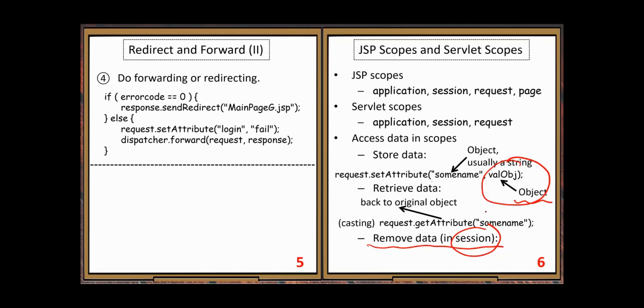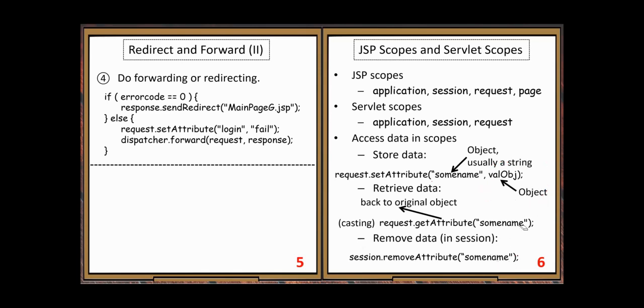In that situation, you want to remove the data from the session. You can do this: session.removeAttribute, with the name of the attribute. You remove that particular attribute; other attributes are still there. All right, so that's the scope concept.